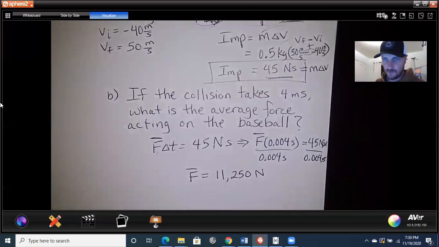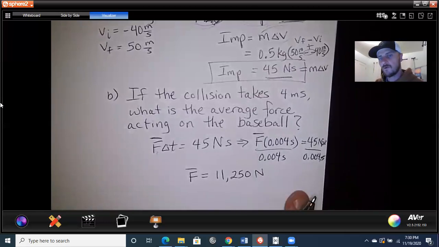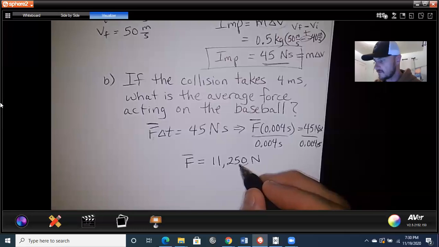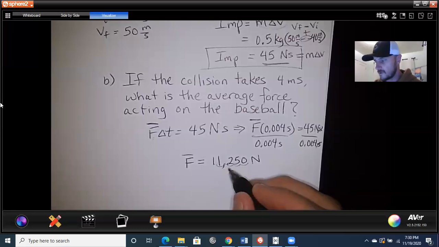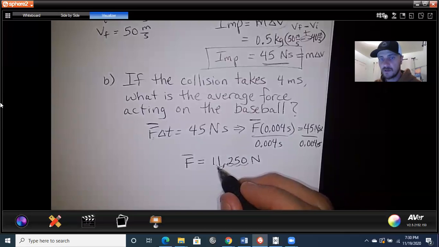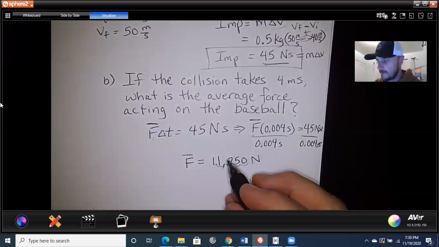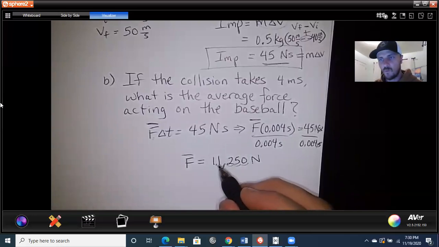Now we're starting to get to that area of physics where it would be helpful to express things in scientific notation. I don't want to go through a whole lesson on that right now, but I want to remind you that even though we don't write it, there's a decimal there. And if I move that decimal 1, 2, 3, 4 spots to the left, then I have to increase my power of 10 4 times. Now, why did I stop there? Because I got to a number between 1 and 10.